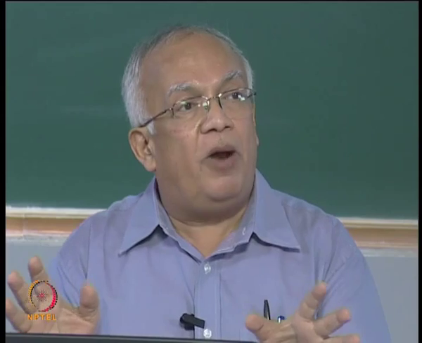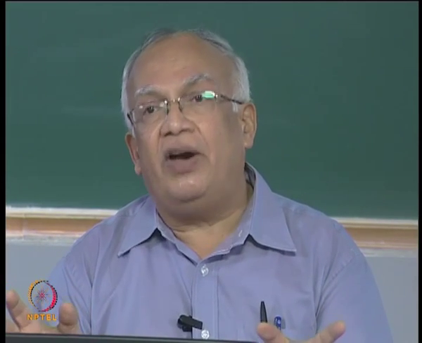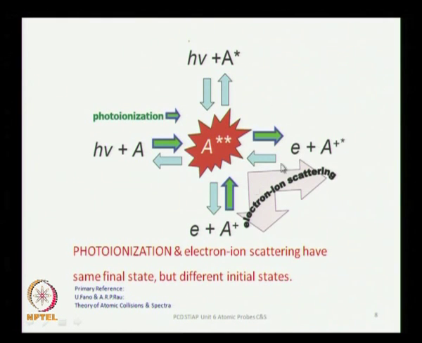These are completely different processes, but they have got the same final state. This process will also be reversible. You can also have another channel over here, and an electron and ion can proceed in a reaction channel from the bottom to the top, or from left to right, or right to left, or top to bottom, any which way. So there are all kinds of possibilities which exist in a process of this kind.